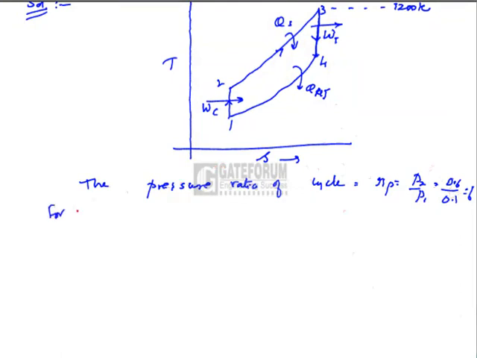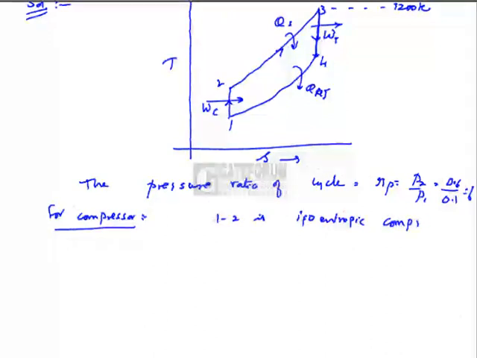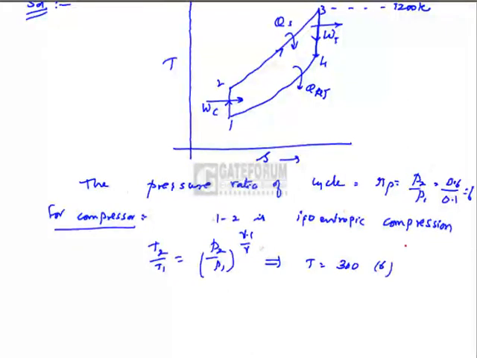For the compressor, let us calculate the work input first of all. The 1 to 2 is isoentropic compression. Therefore, the temperature ratio can be written as P2 by P1 whole to the power of gamma minus 1 by gamma, implies T2 is equal to 300 into 6 to the power of 0.4 divided by 1.4.